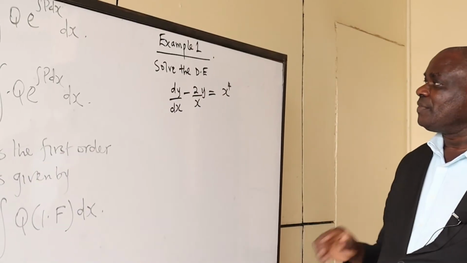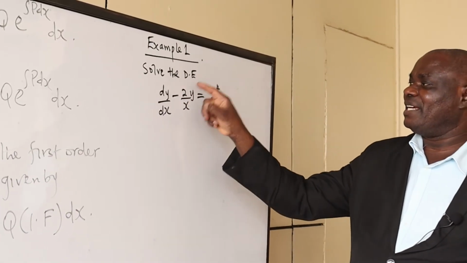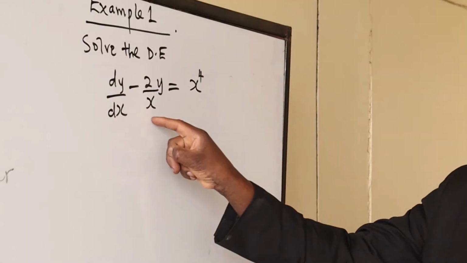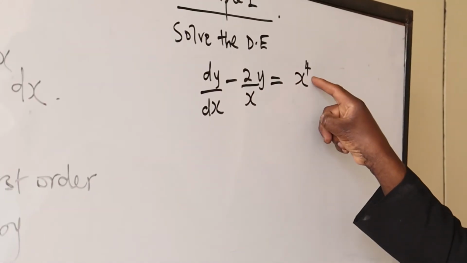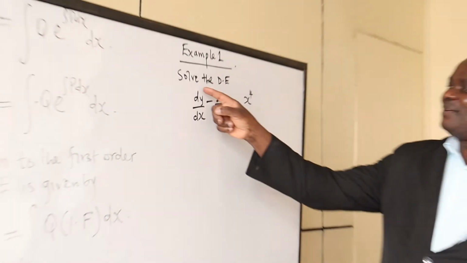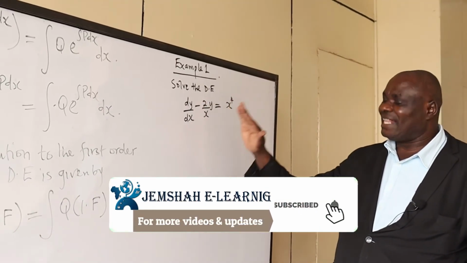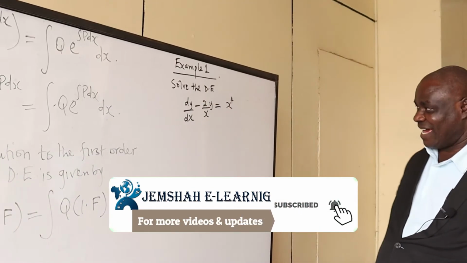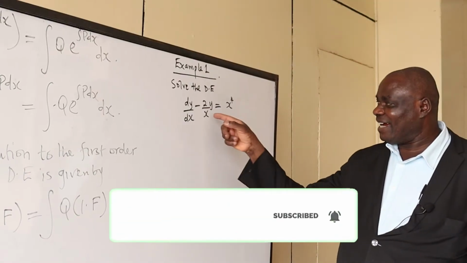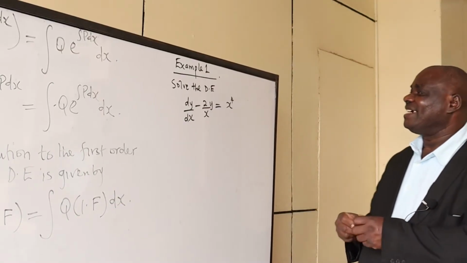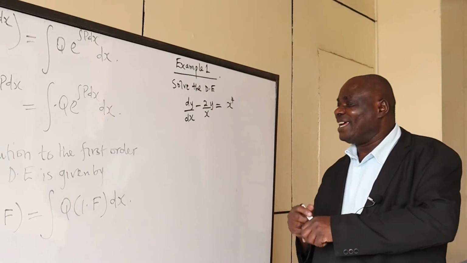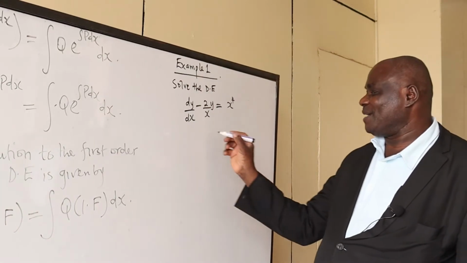So in our example 1, solve dy/dx minus 2 all over xy is equal to x to the power 4. dy/dx is to power 1, y is to power 1. Other things which are remaining are functions of x. Hence, it is now a first order linear differential equation.